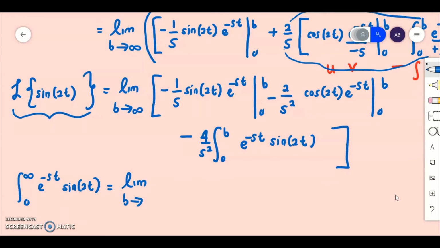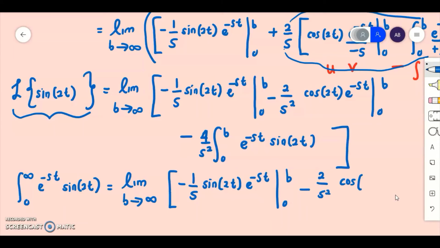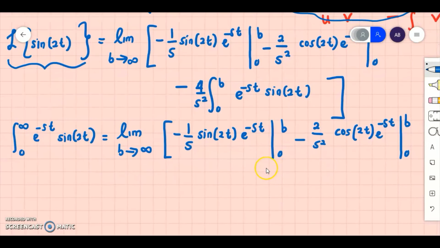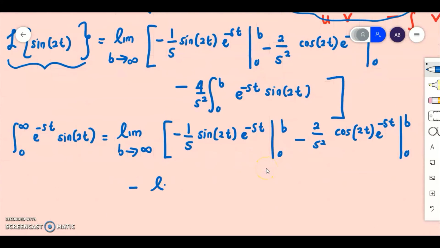limit of b approach infinity, negative 1 over s sine 2t exponent negative st, from 0 to b. The limit applies for this whole thing, so 2 over s squared cos 2t exponent negative st, again the limit from 0 to b, and then minus limit b approach infinity 4 over s squared integral from 0 to b exponent negative st sine 2t.